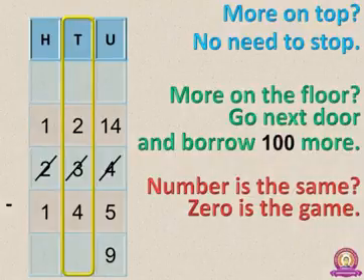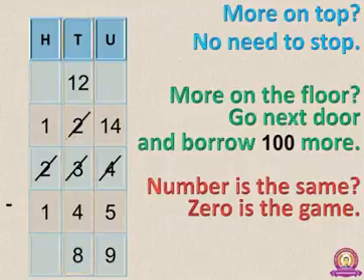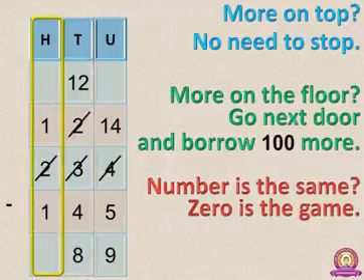100 plus 2 tens is equal to 12 tens. Strike 2 and write 12. Now we have more on top. 12 minus 4 is equal to 8. Lastly, let's subtract the numbers in the hundreds column. 1 minus 1.